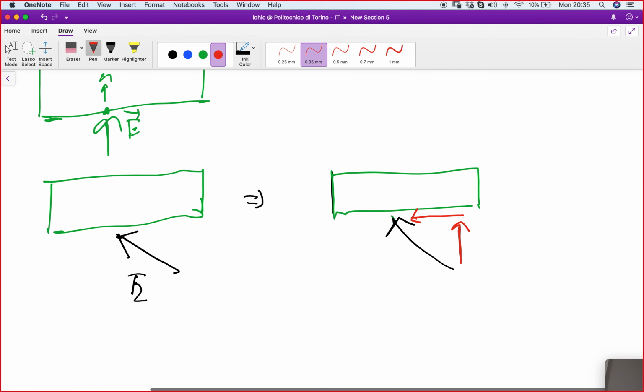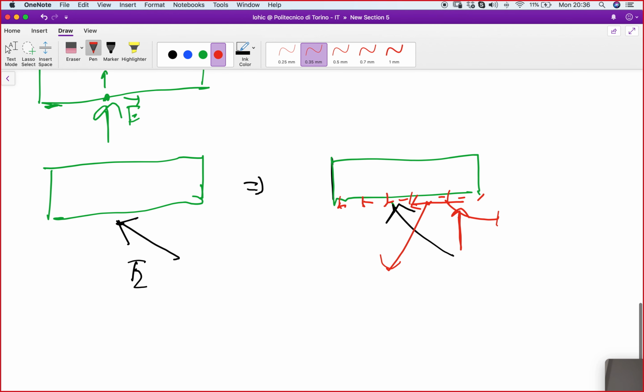If there are some charges on the surface of the conductor, this component of the field will move the charges on the surface of the conductor, and we don't want the charges on the conductor to move.